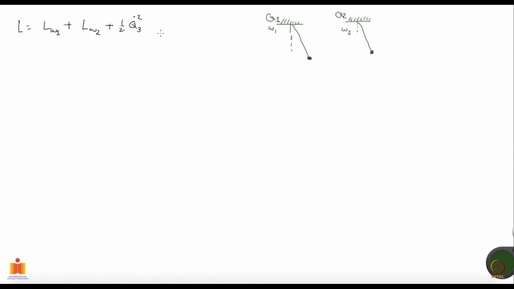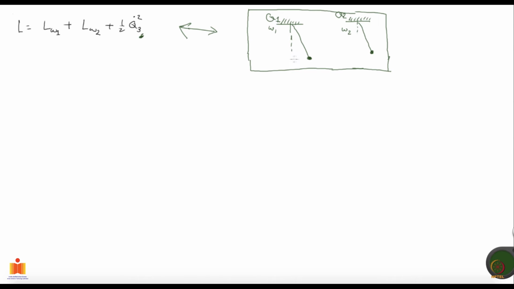I'll show you that later. Don't worry about what algebra we have done and what system we started with. As far as where we stand now, this is the Lagrangian of the system and it is equivalent to this thing. This is the system which we are having now in front of us.